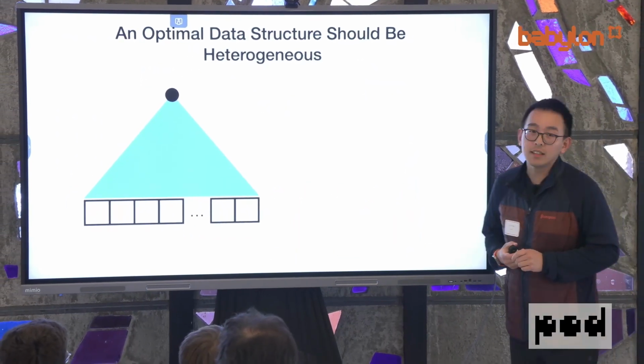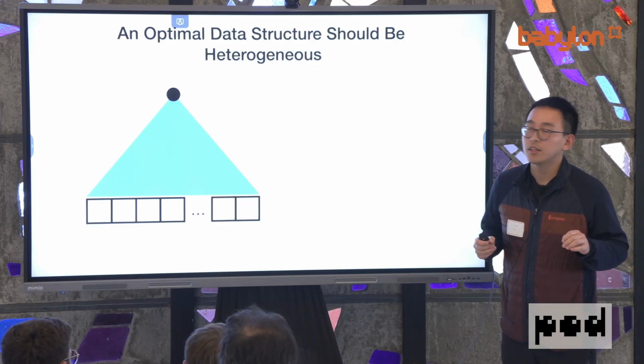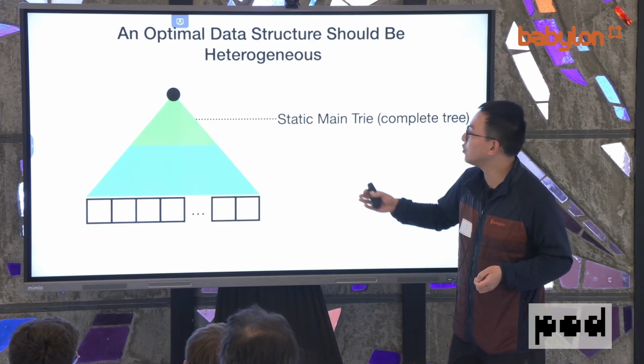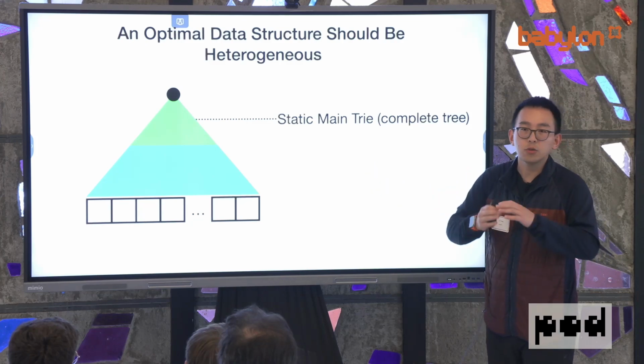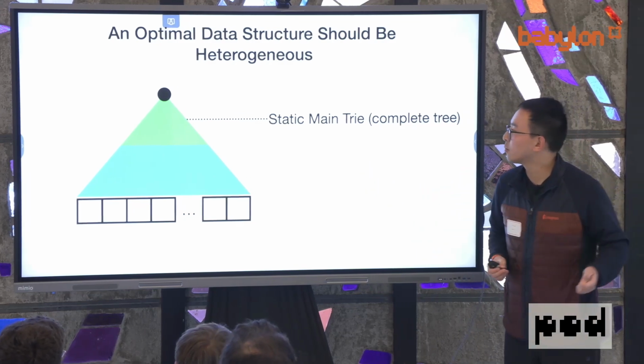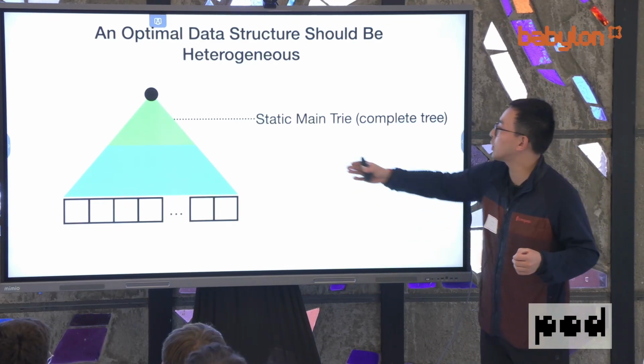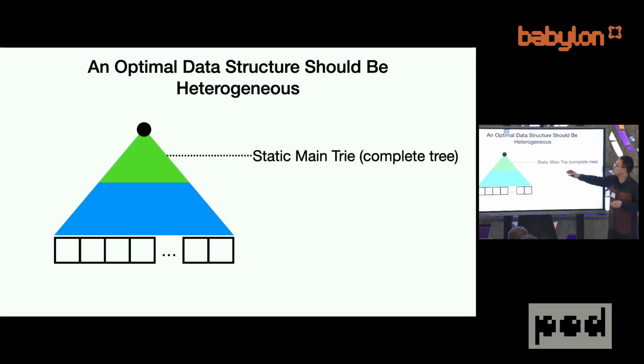That basically says that an optimal data structure should be heterogeneous, in the sense that the first few layers are going to be complete anyway, even if you just do a normal radix trie. So you just force it to be a static complete tree, because you're not really wasting too much space. It's almost guaranteed to be complete. On the other hand, the bottom layers, as we saw, are pretty sparse, and you cannot really afford to construct indexes over those sparse trees, because you are throwing a lot of internal nodes at just a few key value pairs.